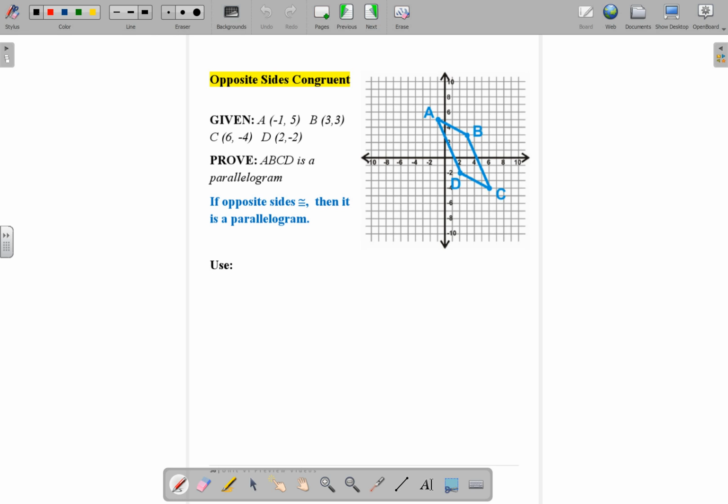Same problem, except this time we're going to prove that opposite sides are congruent. So this time we're going to prove that AB is the same distance as DC, and AD is the same distance as BC.